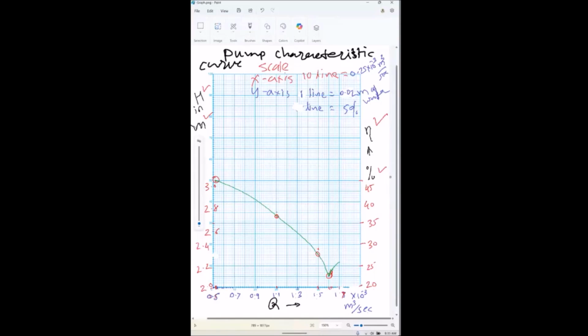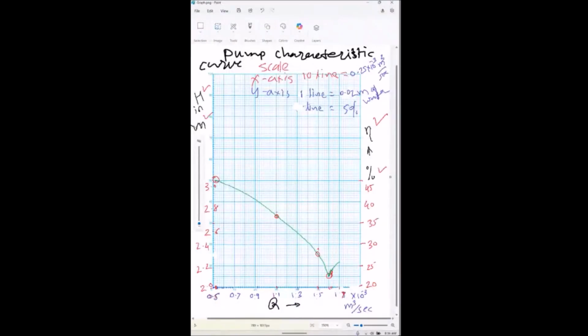Okay, next we will plot the curve for efficiency. Here I will make round figures: 25, 37, 42, then 41, and then 38. So first 25, 25% for this line, 25% is here. Change the color to blue. First line 25%, first point.